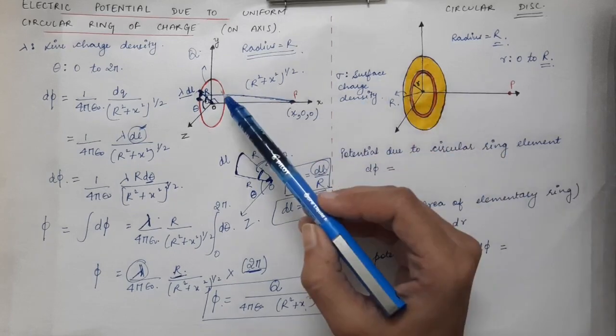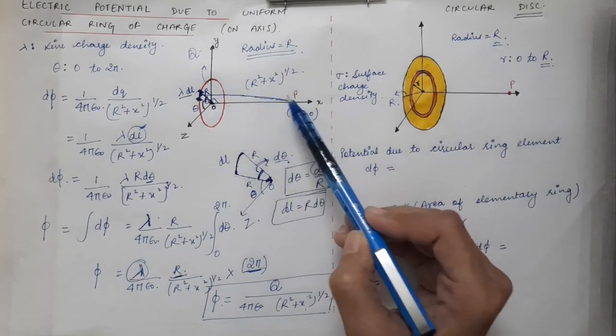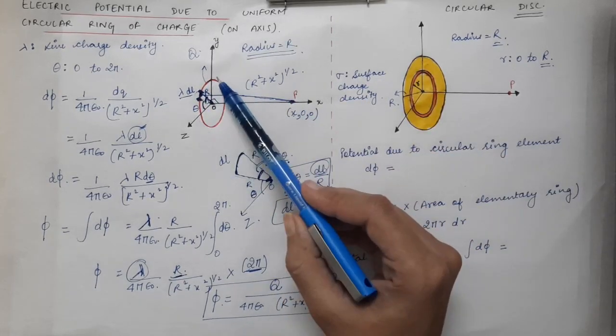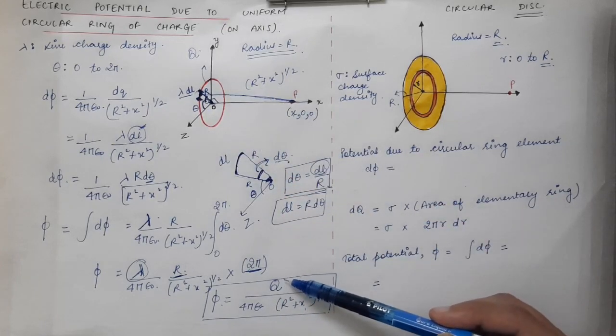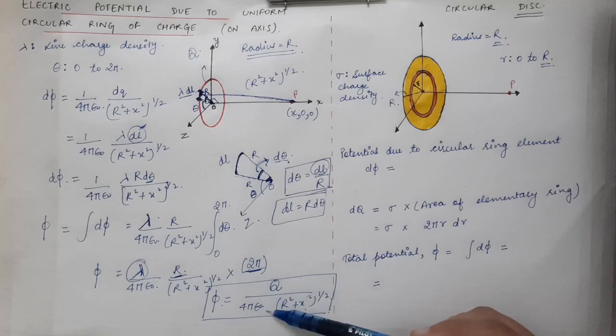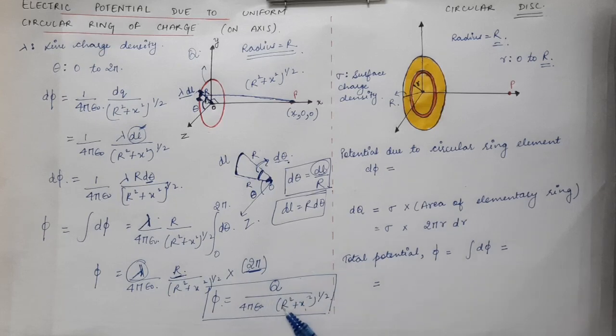In the previous article we found the potential due to a circular ring, and it came out to be equal to the total charge on the ring divided by 4 pi epsilon naught into the square root of the radius of the ring squared plus x squared.